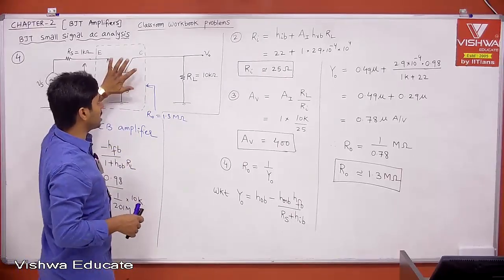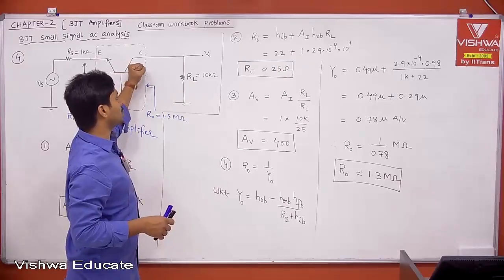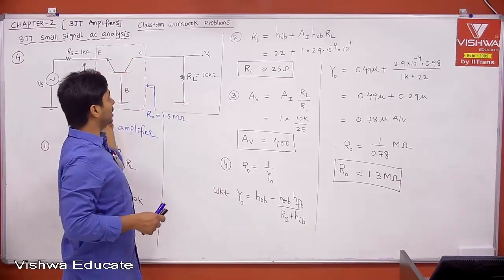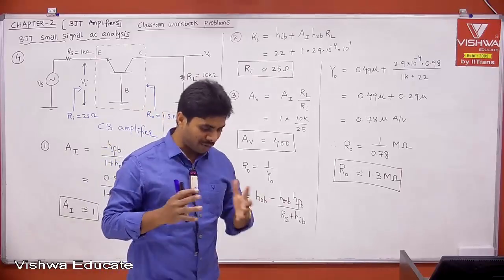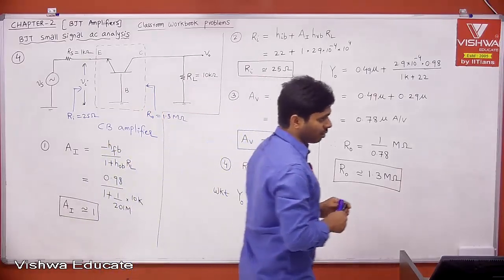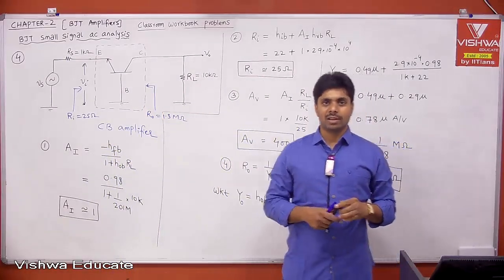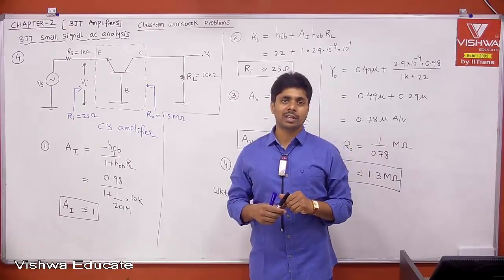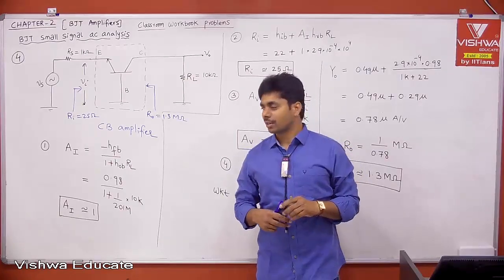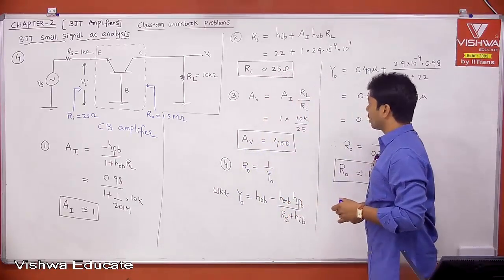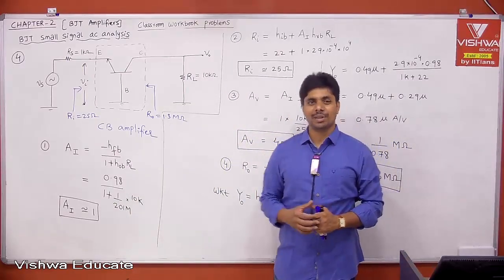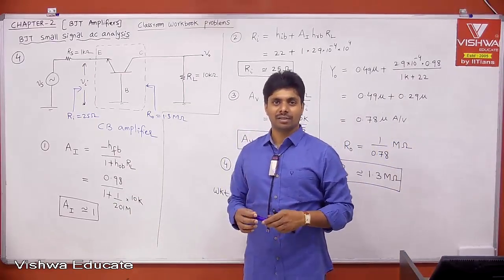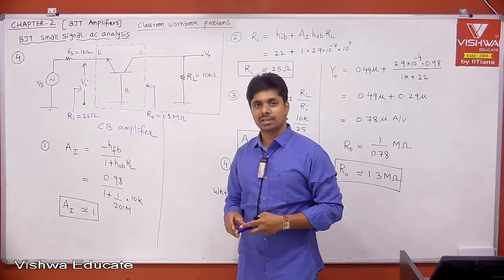If your amplifier is acting as a current source, I want internal resistance to be infinity, then the entire current will be entering into your load. Therefore, your CB amplifier is providing very good impedance matching for current amplification. But what is the current gain? Current gain is 1. It is exactly similar to your CC amplifier. Is it not?